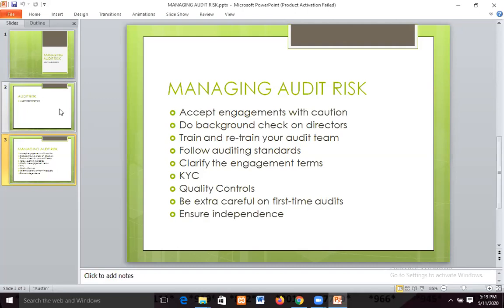Be extra careful on first-time audits, because you are new in the environment, so many things may still be strange. So you must be extra careful. Check and recheck, do a lot of investigations, a lot of research, a lot of inquiry. Maybe you can even bring another audit firm to come and recheck your work as part of the quality control efforts. Then you need to ensure independence.